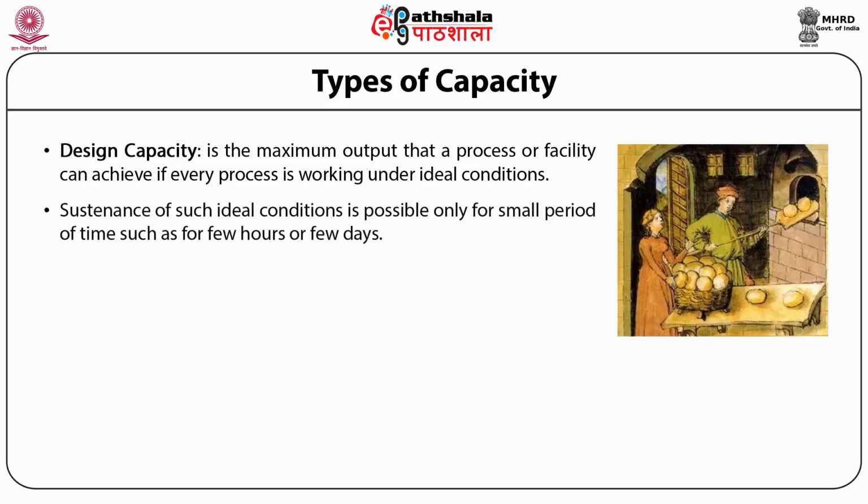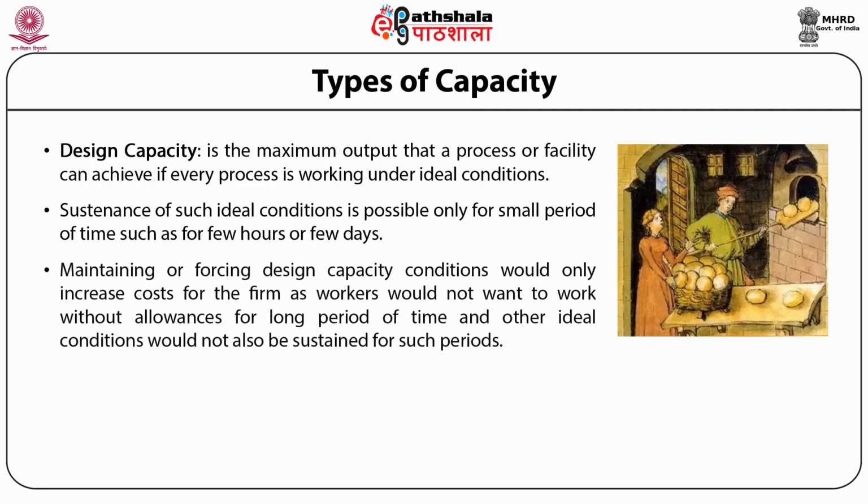Sustenance of such ideal conditions is possible only for a small period of time, such as a few hours or a few days. Maintaining or forcing design capacity conditions would only increase cost for the firm, and workers would not want to work without allowances for a long period of time, and other ideal conditions would also not be sustained for such periods.